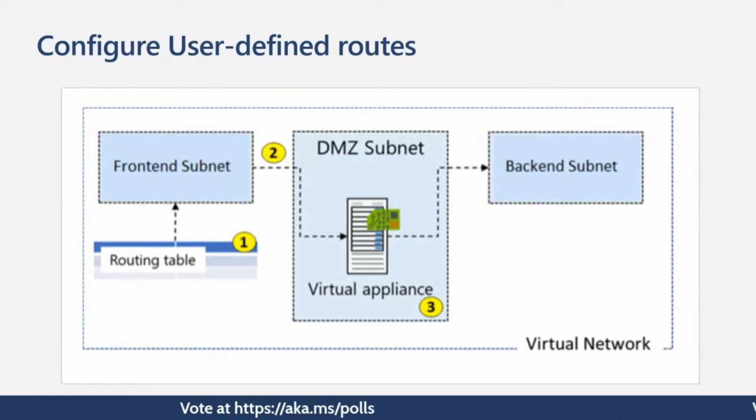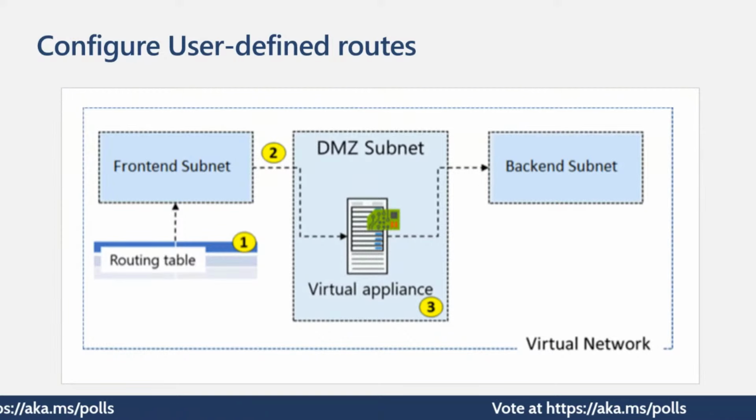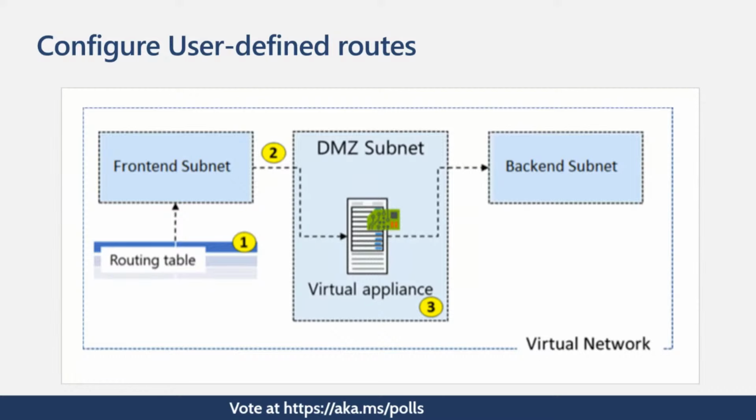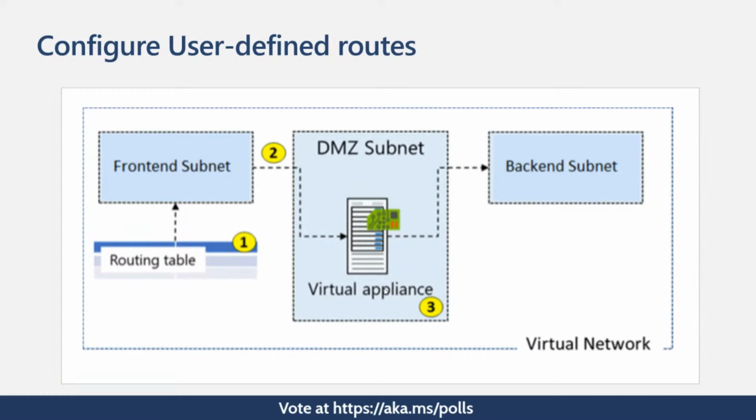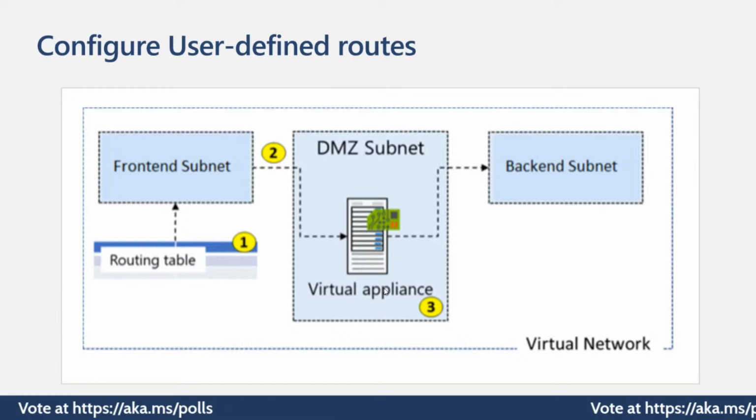So we want our traffic to flow from the front end through the virtual appliance, which is within our DMZ, through to the back-end subnet. And you'll notice that we have our virtual appliance. This could be for routing. You may also see this with an Azure firewall. This is one example of when you may want to configure something like a user-defined route.